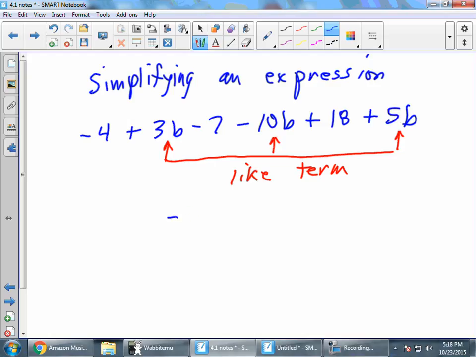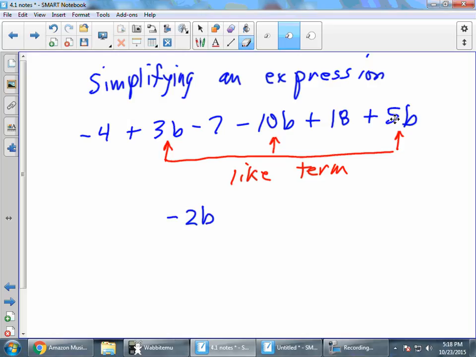So this is negative 2b. And if you can't do that mentally, you can off to the side say 3b minus 10b plus 5b and do it that way. Still get negative 2b.